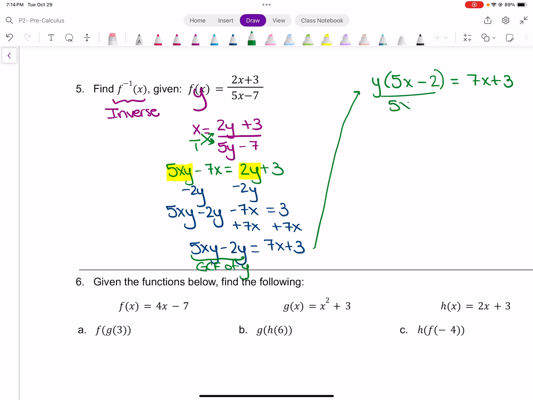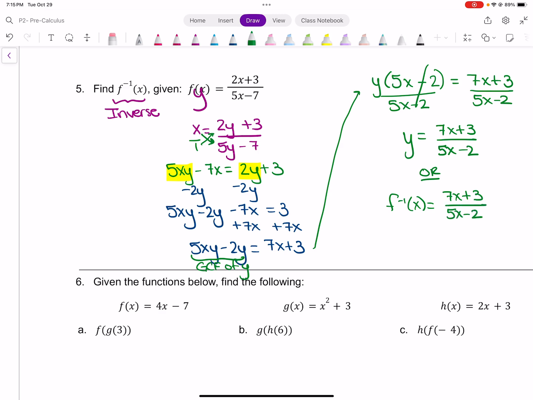And then we are going to divide out that 5x minus 2. So the inverse is y equals (7x + 3)/(5x - 2). Or you can use the inverse notation. And there's your equation.